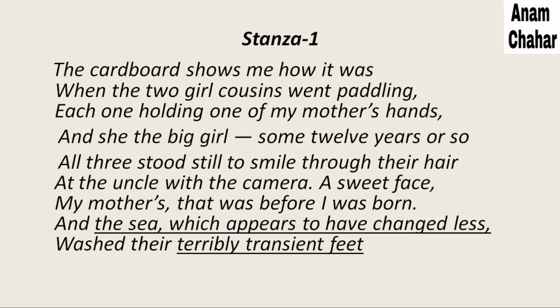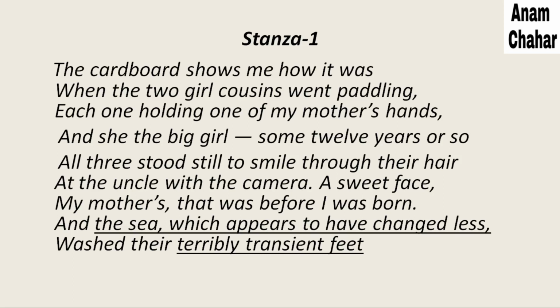And the sea, which appears to have changed less, washed their terribly transient feet. It's an important line. So far, the poet was talking about the three girls, her mother and her two cousins. But now she is talking about the sea. What's in the background of that picture? The sea, right? The sea is visible in the photograph.